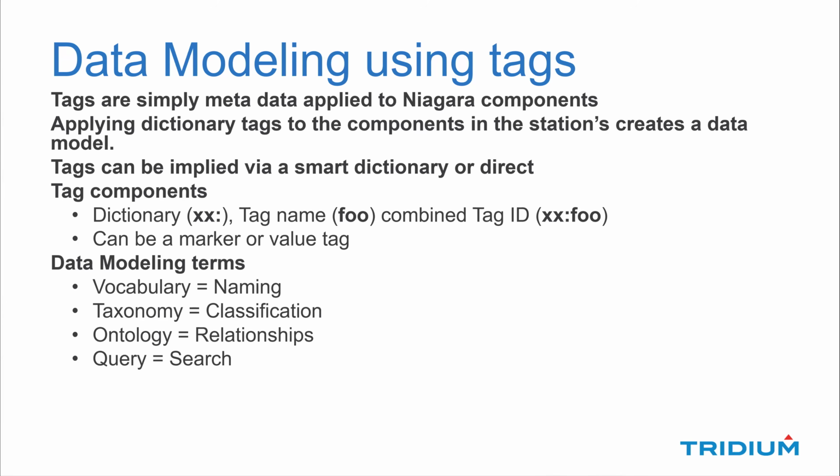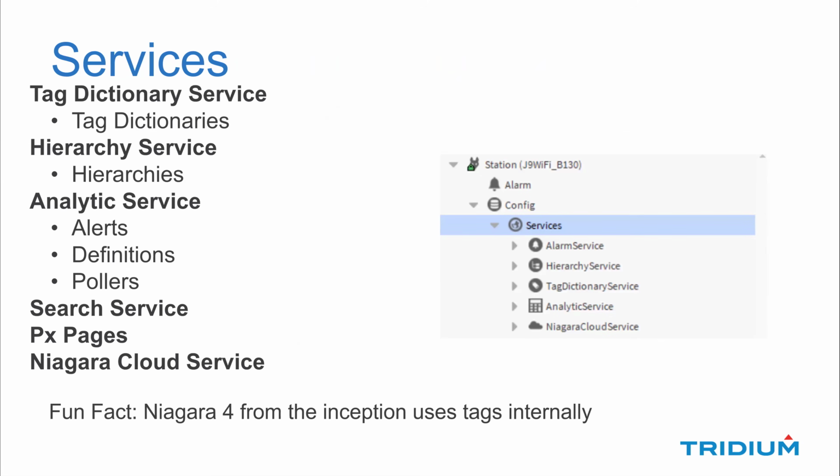So the taxonomy, the ontology, a query, all of those things will be something that if somebody is talking about how they can model your data, they kind of throw these terms at you. So I'm going to kind of tame that down to how Niagara does all that, and then we'll take a look at, again, some examples that I've done.